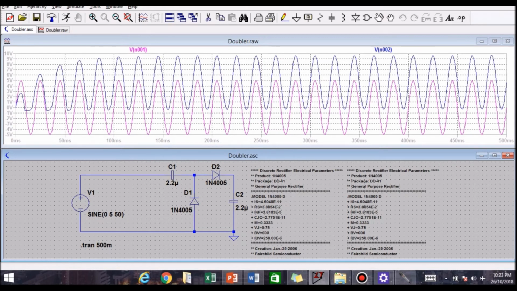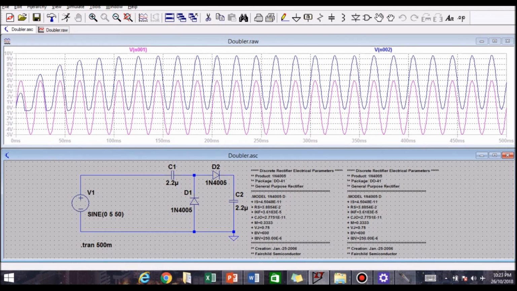C1 charges nearly to the peak value of the input voltage because there is no return path for capacitor C1 to discharge. The charge remains full, acting as a storage device in series with the voltage supply.